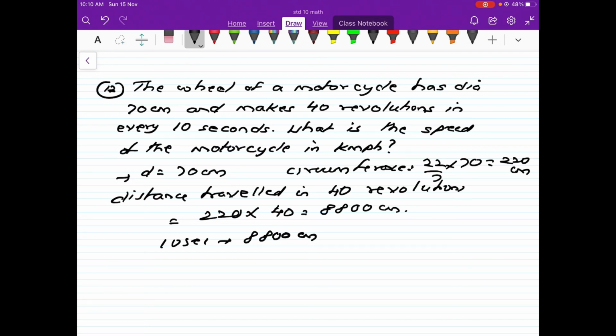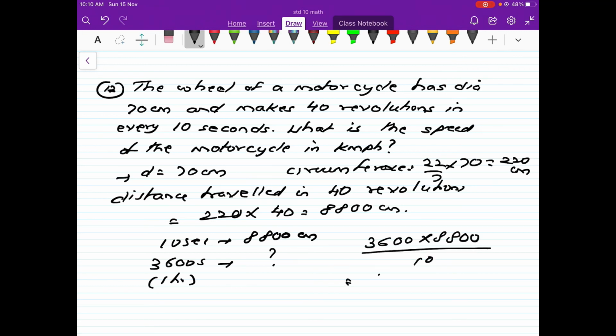So for 1 hour, it means 3600 seconds, because we have been asked to find the speed in kilometers. So it is 3600 into 8800 upon 10. So we are getting this answer as 3168000 centimeters per hour.